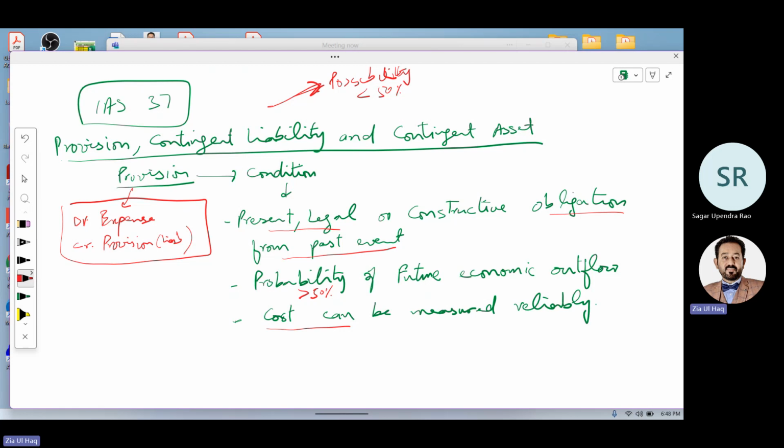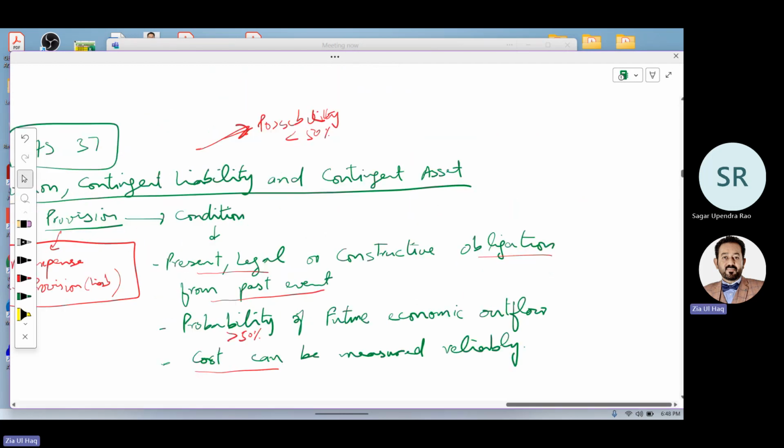What is a contingent asset? If there is any chance of future inflow, for example you have filed a case against another party to recover damages, there are chances you might win the case.